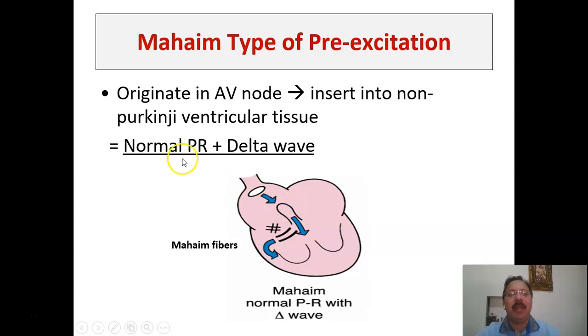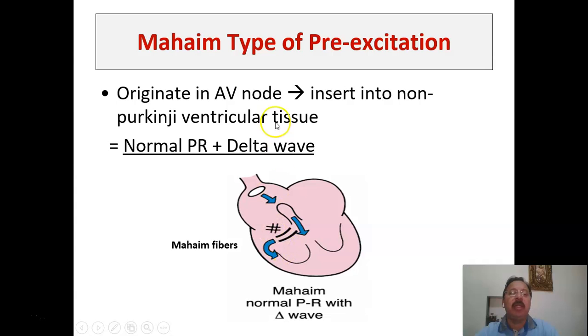You will get the normal PR interval, because the normal impulse originates from the SA node and goes to the AV node. But here some of the current goes through the accessory pathway, the Mahaim fibers, and this causes pre-excitation of the ventricle, because it's going to the non-Purkinje system, to the myocardial tissues.